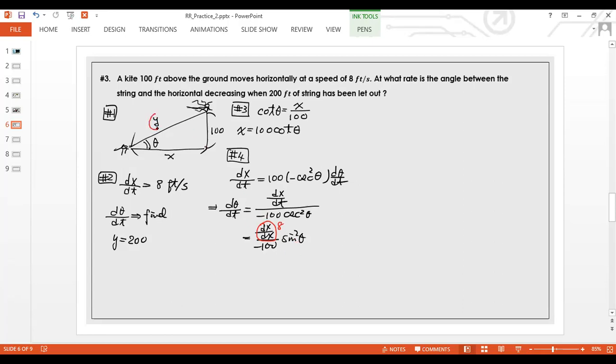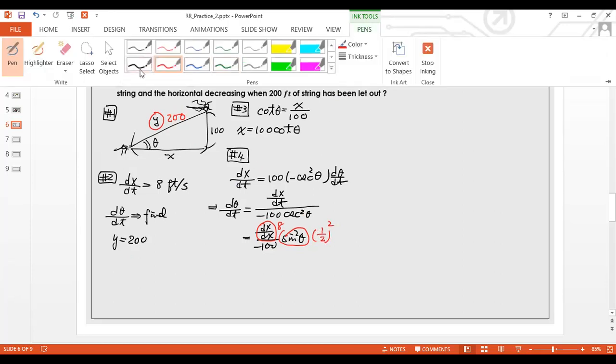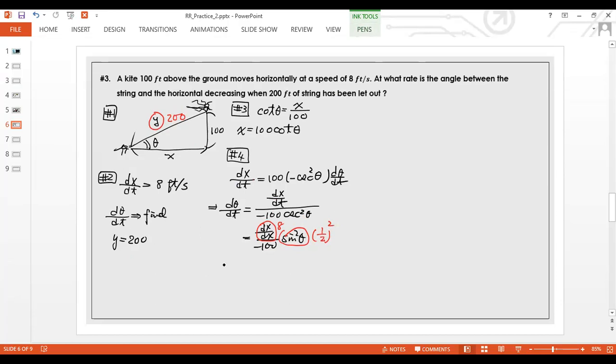So I know the y here is what? Y is 200, right? Okay, so the sine is opposite over hypotenuse, right? So in here, I know the sine theta is what? Opposite over hypotenuse, so it's 1/2. Then you need to have a square, right? So now I have all the values here.